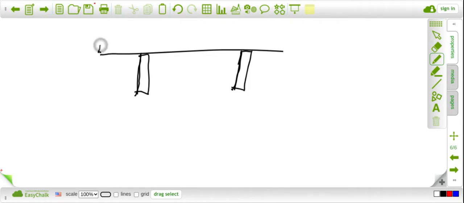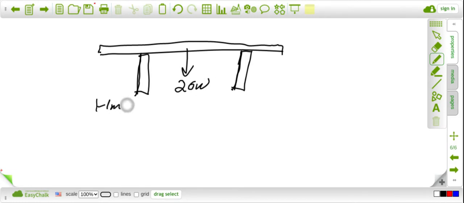So if the board on top has a weight of 20 newtons, and this is uniform, so this would be 1 meter out to here.